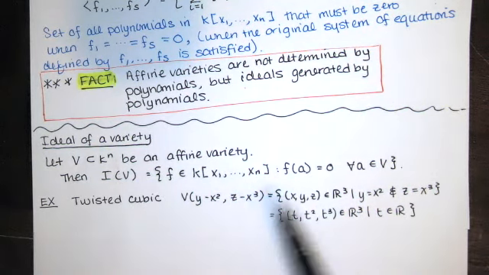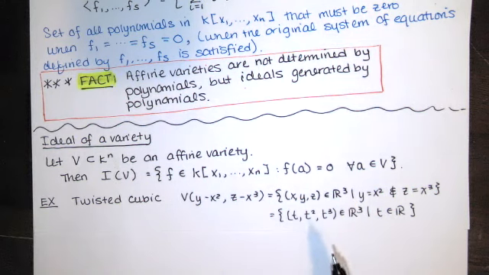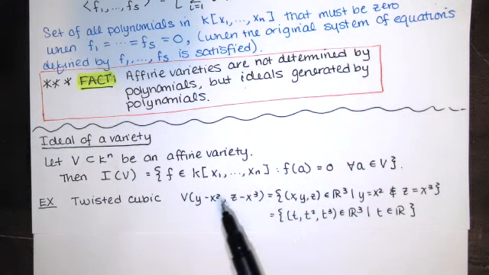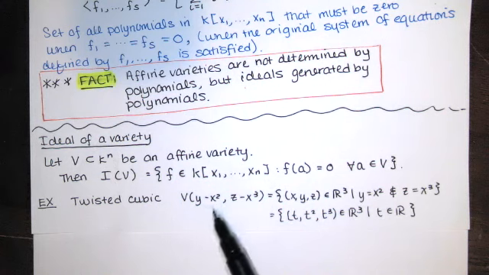And we were able to graph these in CalcPlot 3D and actually look at why it might be called a twisted cubic. We've got this cubic surface intersecting with this parabolic surface, they intersect in a cubic way, but it seems to be twisted, and it's twisted by the fact that we're looking at the intersection with this parabolic cylinder. So that is an example of a variety.